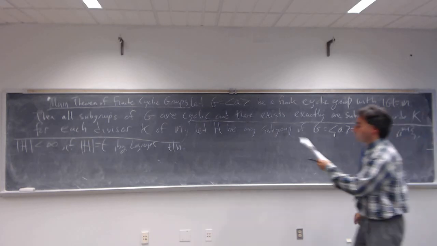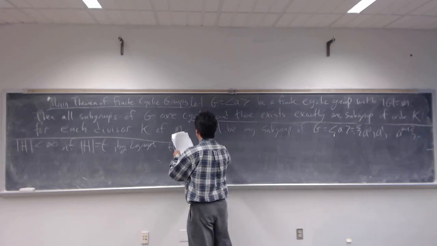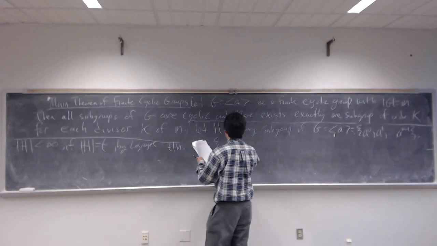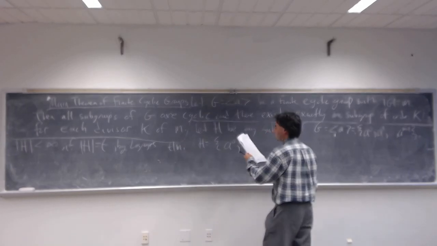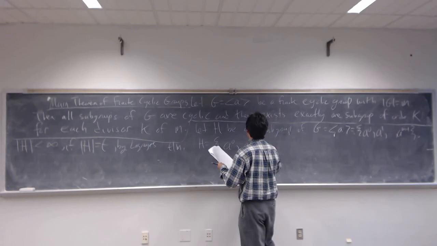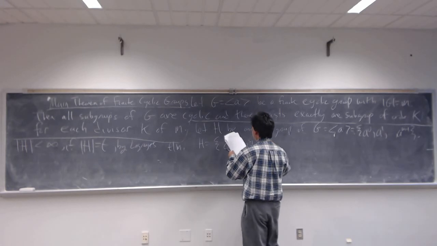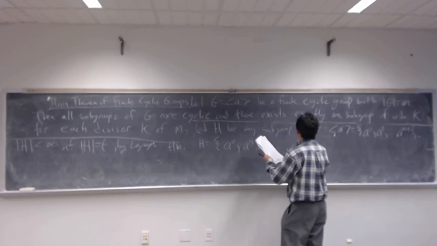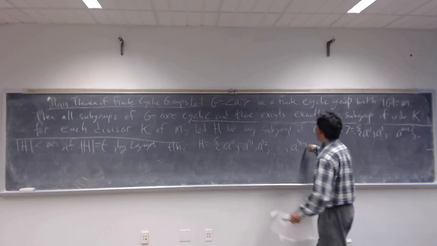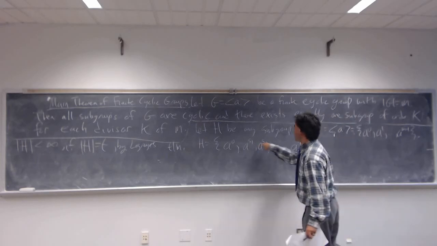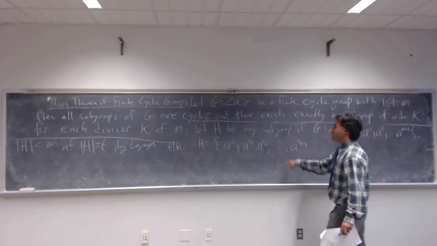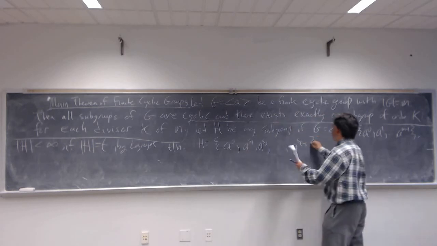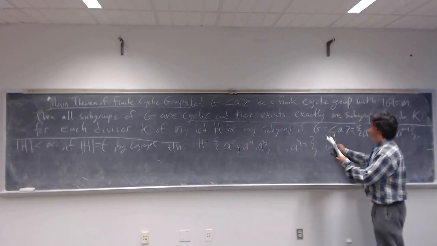So let's look at H. What do we have with H? Well, H certainly has a to the 0. It's a subgroup, so it has the identity. And then there's a first element, a second element, and finally a to the s sub t minus 1, so t minus 1 elements, plus the identity.